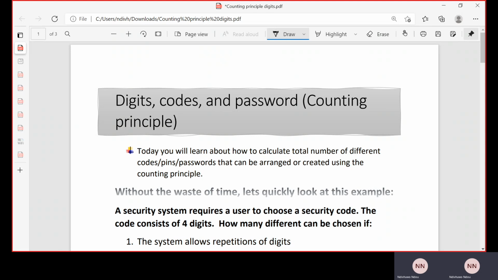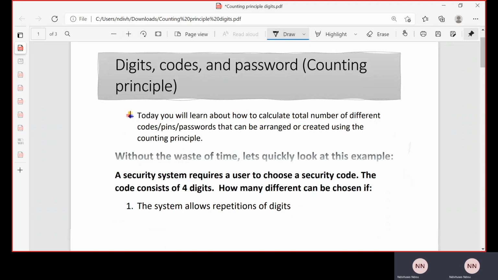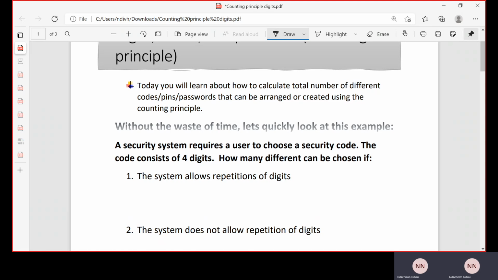So you can see that counting principle is not only useful in theory, but also in the real world. So without wasting time, let's quickly look at this example.